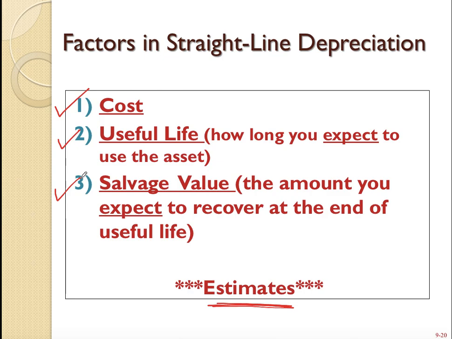So after I've used my asset for however many years, maybe there's still some value there, and I need to estimate that value. Again, it's not anything that is known for sure. It is an estimate of what we think we might recover at the end.